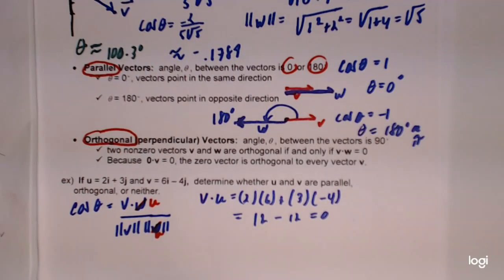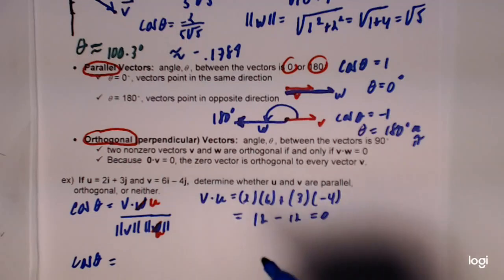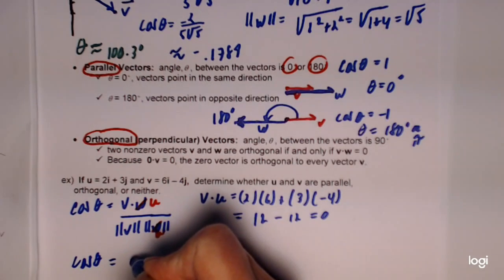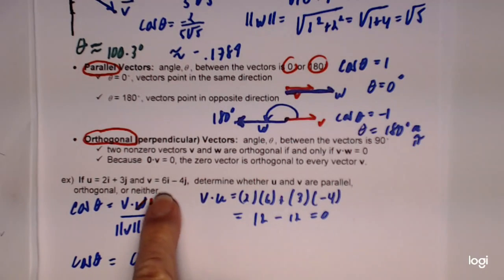But just to sort of prove it to you, here we said this is the cosine. So the cosine of theta is going to be 0 because this is 0. So 0 divided by anything is just 0.